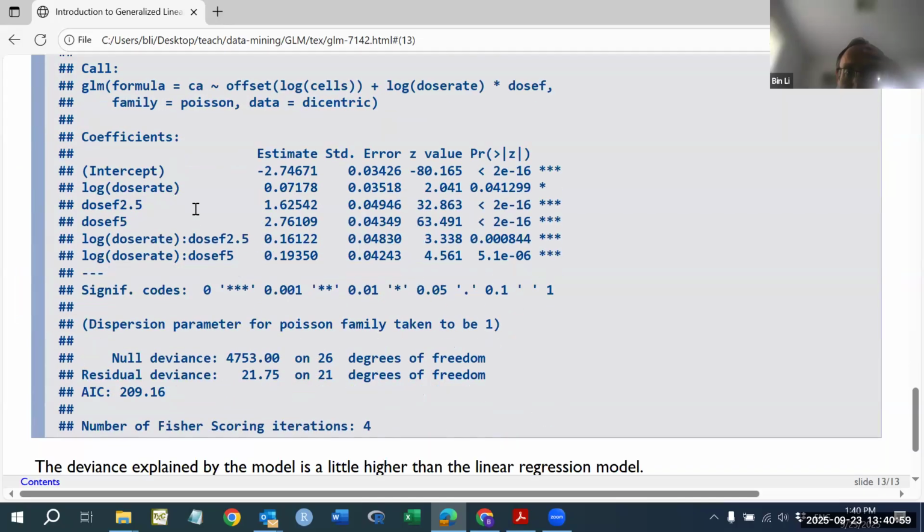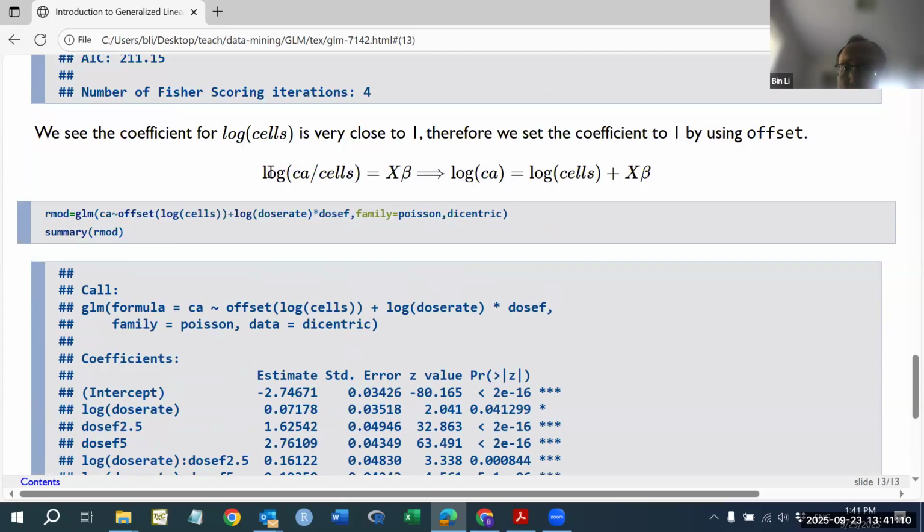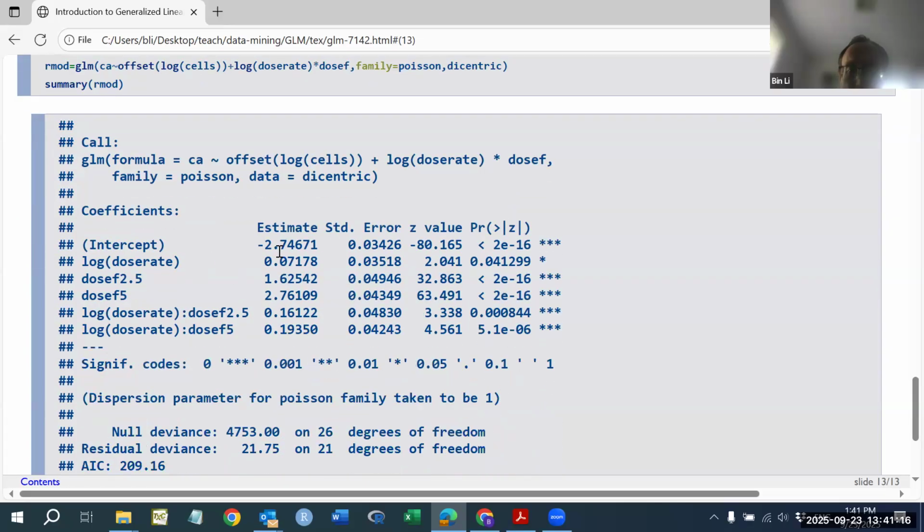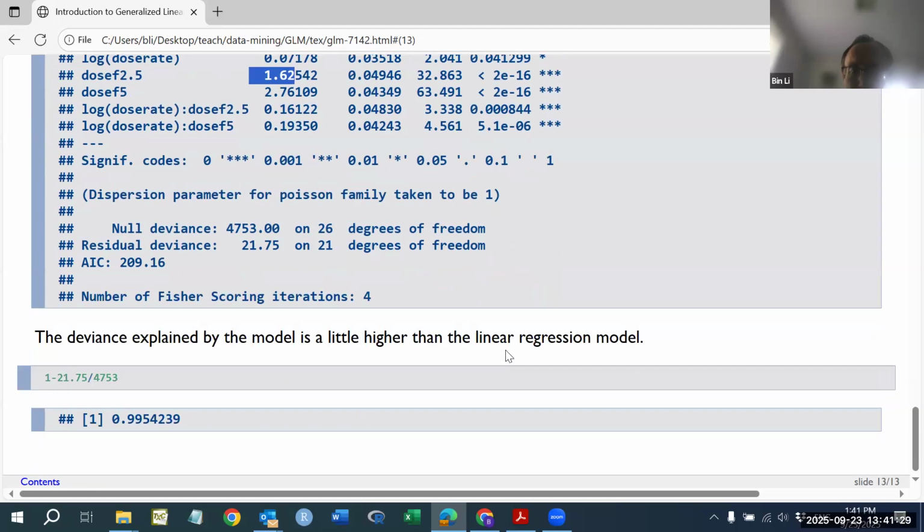So in that way, log cell does not appear in the model output because it's already included in the response variable. Okay, so we have the intercept, the coefficient for the log of dose rate and dose amounts and interactions. So you can see all of them are significant.